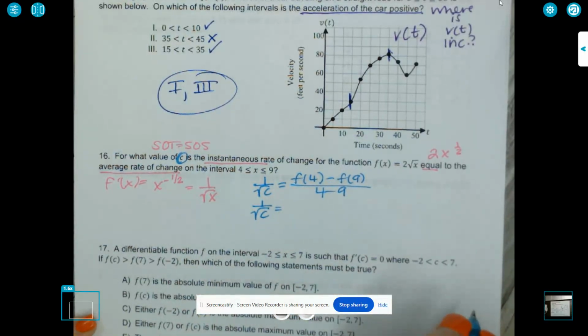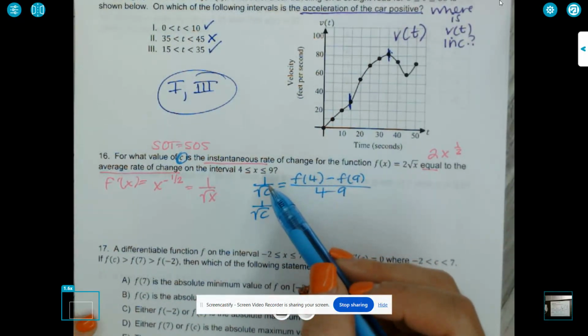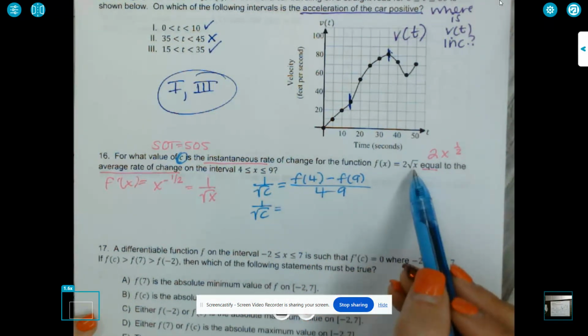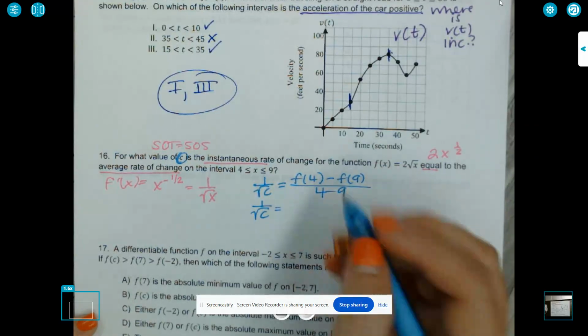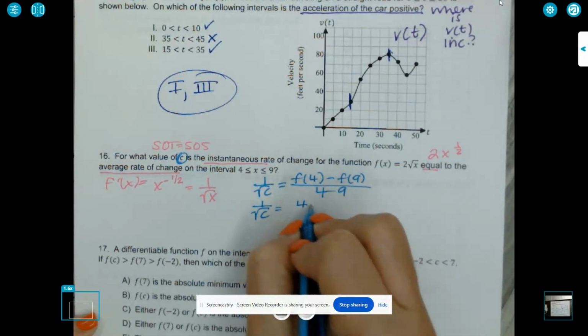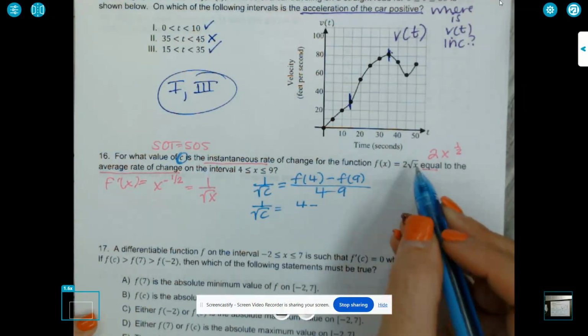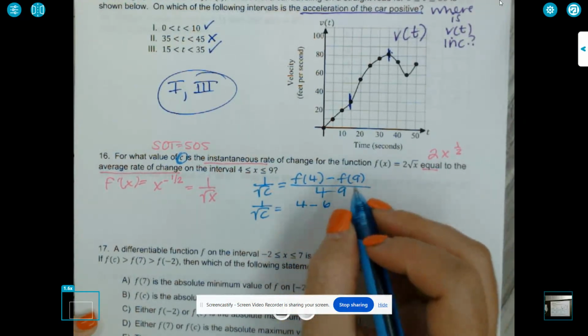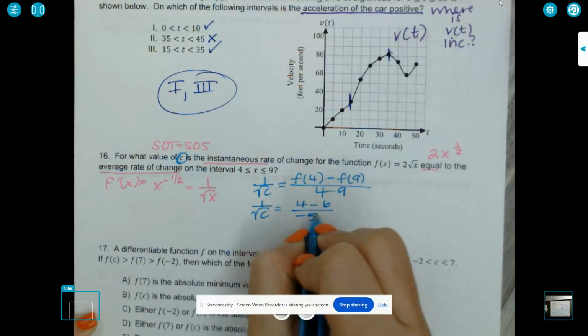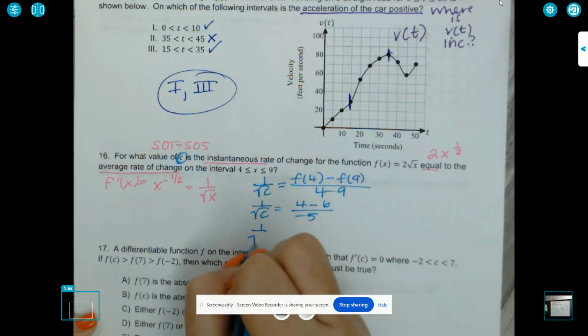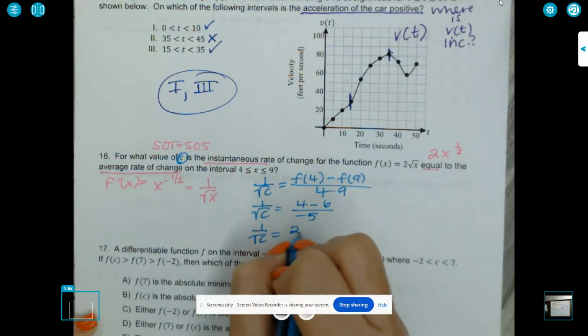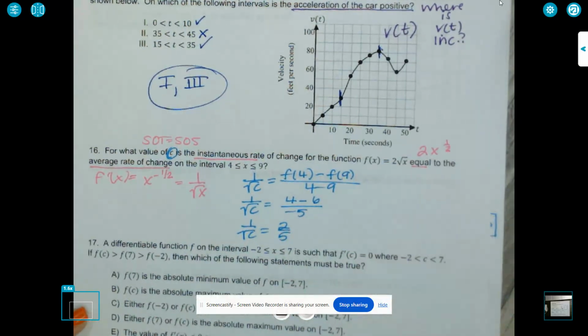All right, f of 4: plug in 4, square root of 4 is 2, 2 times 2 is 4. f of 9, square root of 9 is 3, 2 times 3 is 6, over negative 5. So that's going to give me 1 over the square root of c equals positive 2/5.